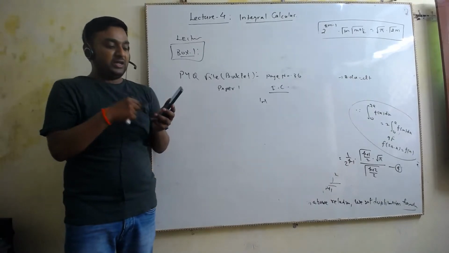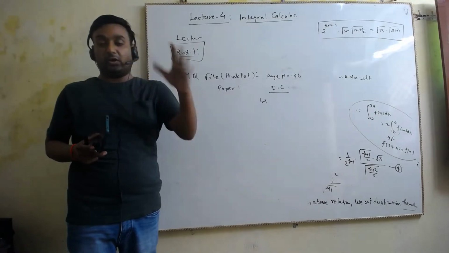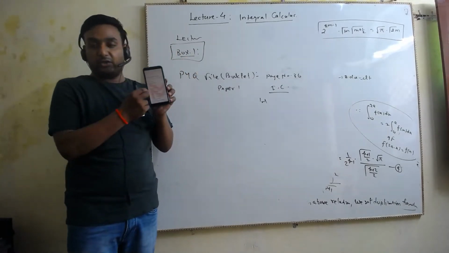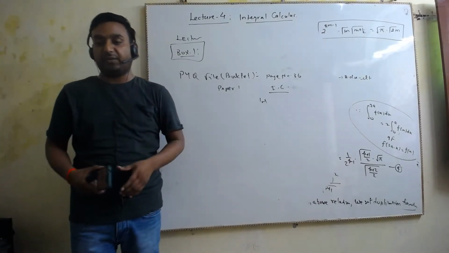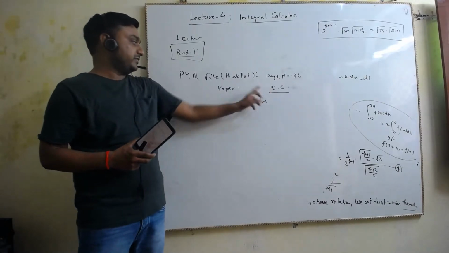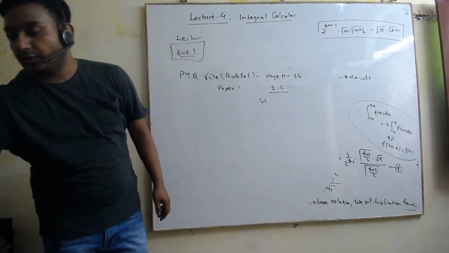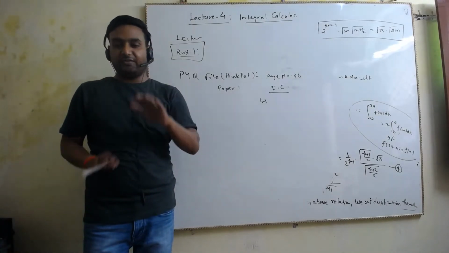Then we will move on to the next chapter, single integrations for area and volume and all. Okay? So the first segment is done for integral calculus. You are supposed to at least try the PYQs of this chapter. Page number 36, paper 1 integral calculus PYQs file. If you have any doubt, you can ask on my number 9971030052. So it's enough for the day.